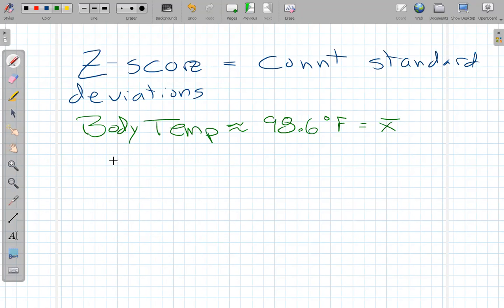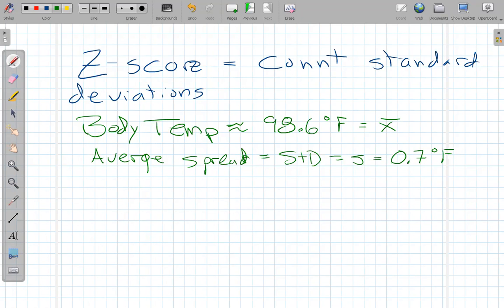There's also an average spread for body temperature. That's standard deviation, is what we're going to use for average spread. That uses the letter S usually, and it's around 0.7 of a degree Fahrenheit.